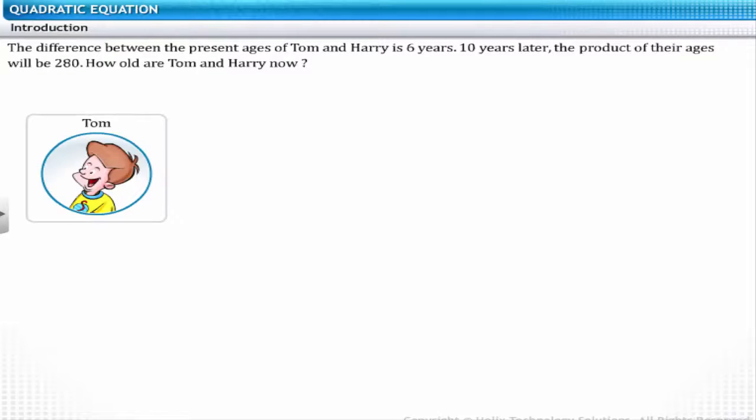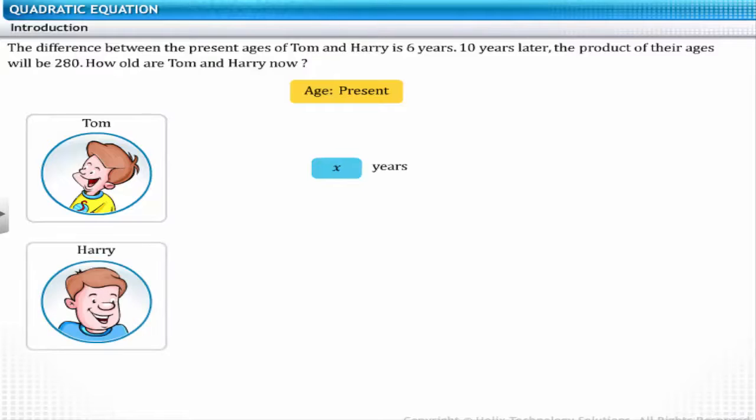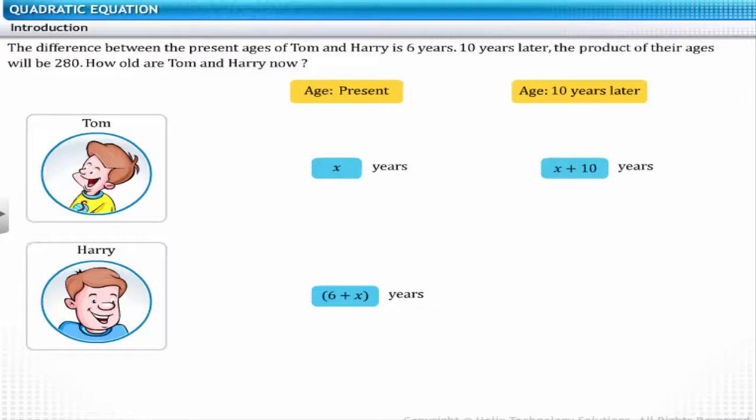As per the problem, let us assume that Tom's present age is x years. So Harry's present age will be 6 plus x years. According to the problem, 10 years later, Tom's age will be x plus 10 years, and Harry's age will be 6 plus x plus 10 years, which is equal to 16 plus x years.